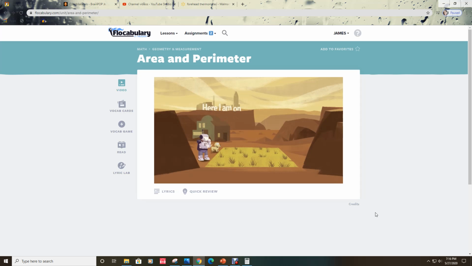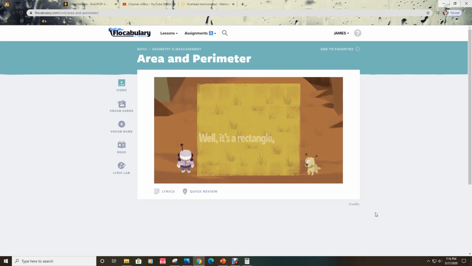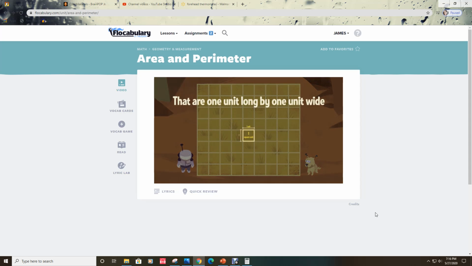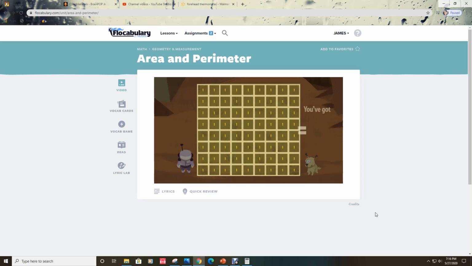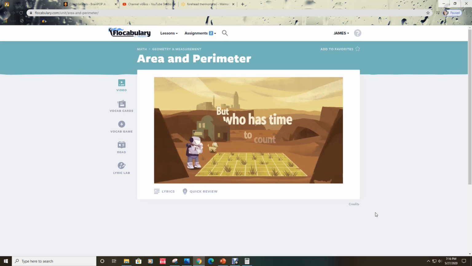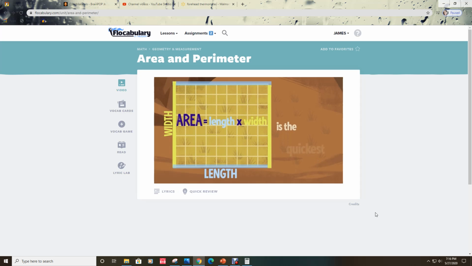Yeah, here I am on Mars, trying to find out the size of my backyard. Well, it's a rectangle, right? So what if we cut it into squares of the same size that are 1 unit long by 1 unit wide? These are called square units. Add them all up, surprise! You got 72 square units, or feet, cause that's the unit we're using. Who has time to count squares? Length times width is the quickest way to get there. Yeah, that's how you find the area. A nice little formula that'll take care of you.